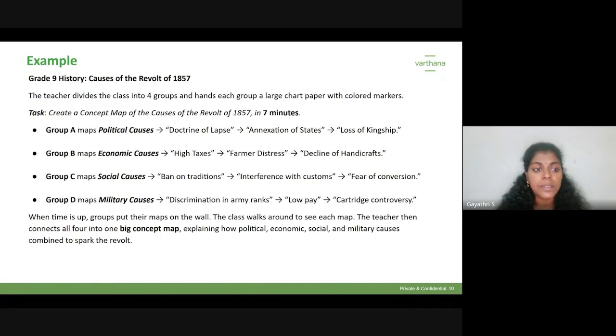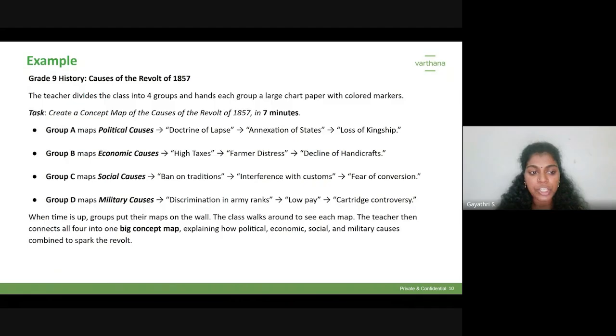Since we have 4 groups, Group A talks about political causes. They draw all the elements which are the major political causes for this revolt. Group B talks about economic causes, Group C social causes, and Group D maps military causes. Once the time is up, every group has to put the map on the wall. Then each group goes around the classroom and sees how one is connected to the other.